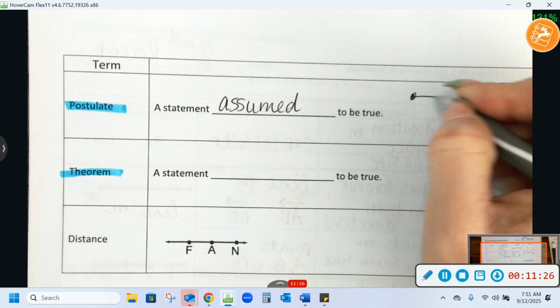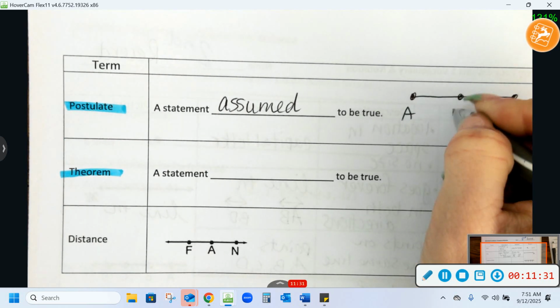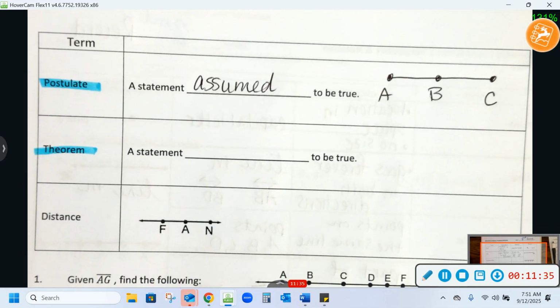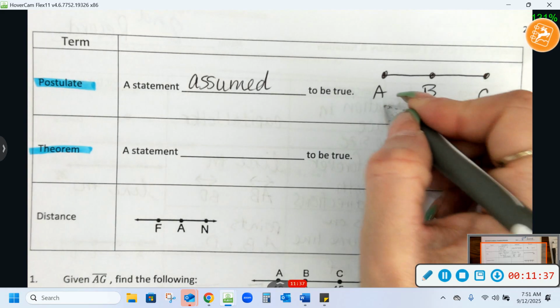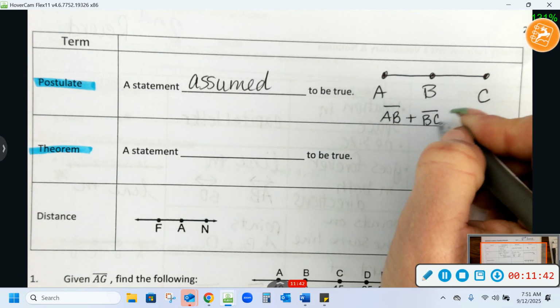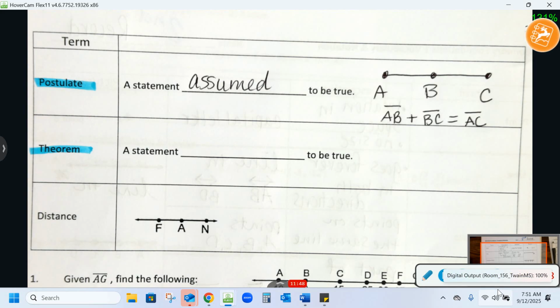If we have a segment AC with a point B on it, the segment addition postulate says AB plus BC equals AC. That's never been proven. We assume that it's true. Isn't that crazy? That's an assumption we make. Right? When we get into proofs, you'll see.